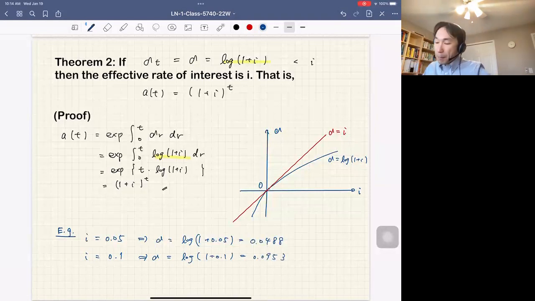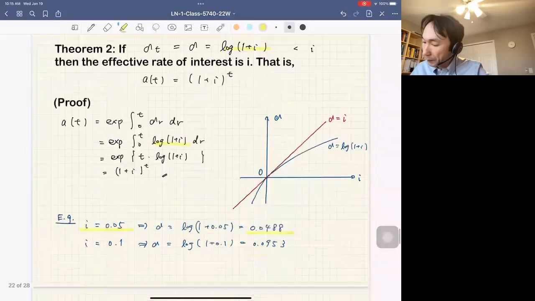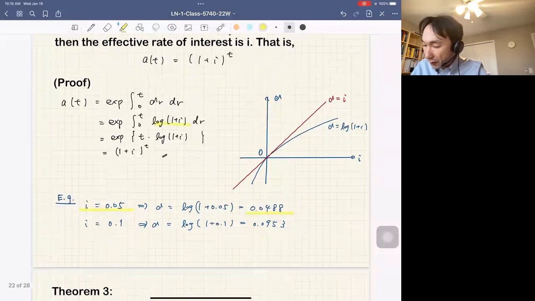So if the force of interest is 4.88%, then the effective interest rate is 5%. Force of interest is momentary interest, so if interest compounds continuously, then 4.88% becomes 5% effective. The difference between 5% and 4.88% is 0.12%.